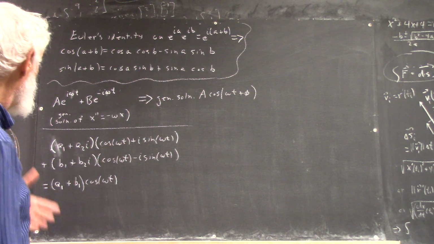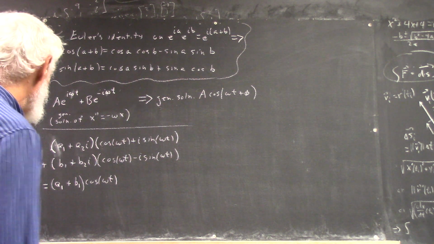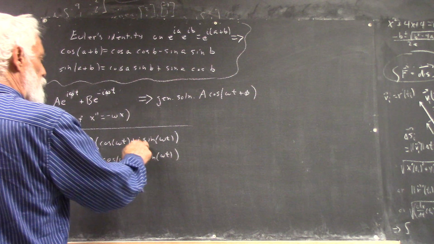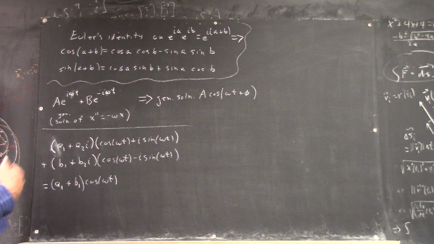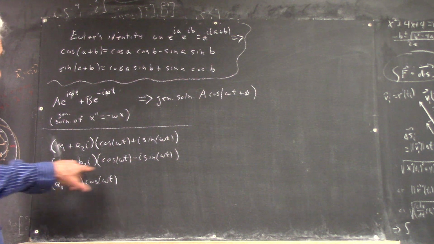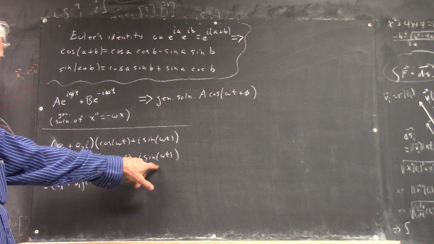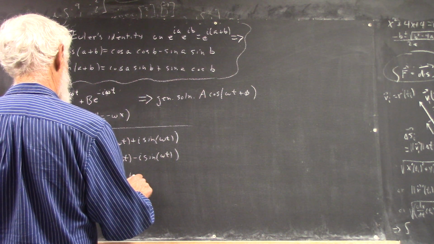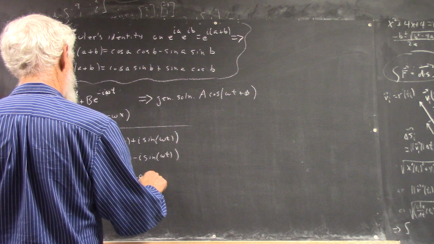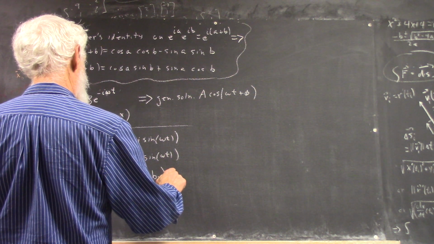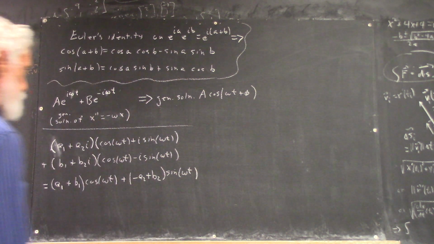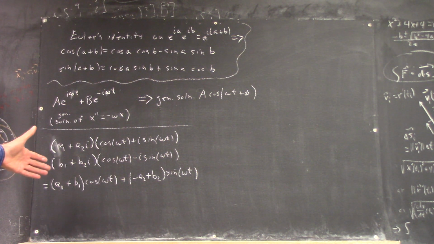To continue getting the real part, A2 i times i sine omega t gives us negative A2 sine omega t, and this product gives us plus B2 sine omega t. That's the real part of our solution.